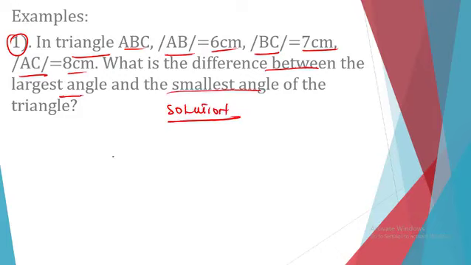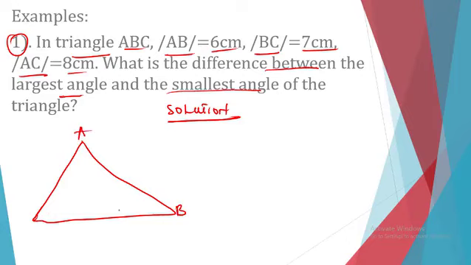The first thing we need to do is to draw this triangle. By drawing this triangle, we have something like this, and we have A, B, and C. This is small letter a, this is small letter b, and this is small letter c.